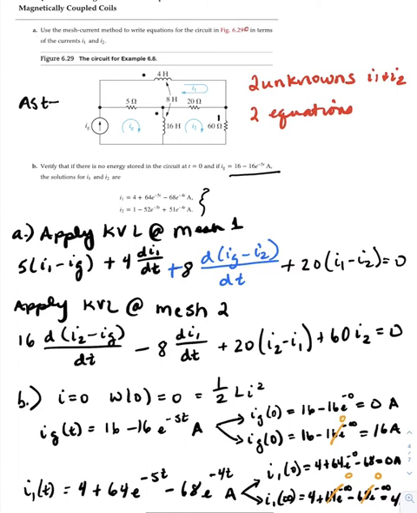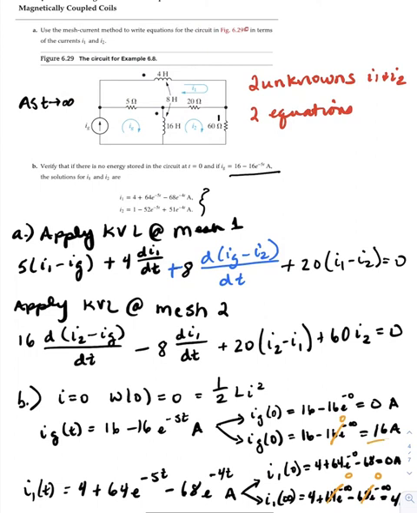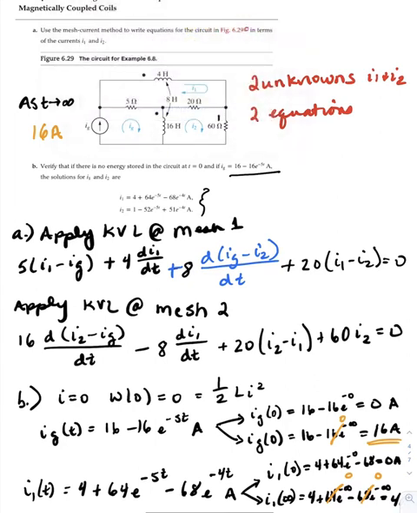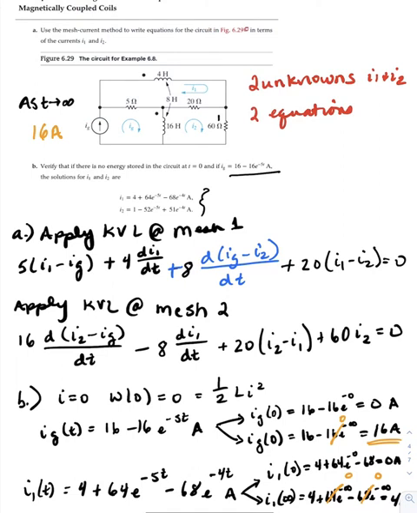As t approaches infinity, the source approaches a steady DC current of 16 amps, which we found down below. Okay. So when that's the case, to a DC source, our inductors become short circuits.